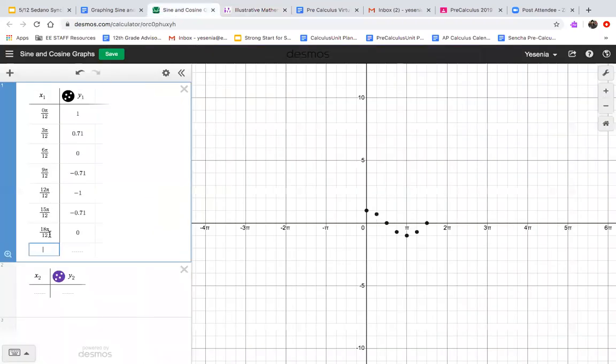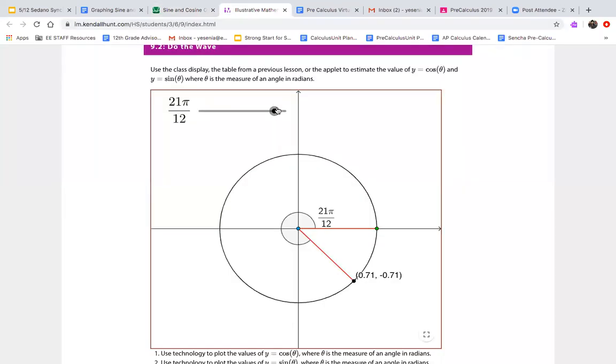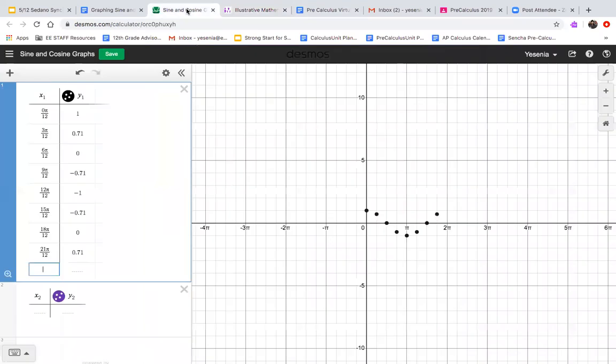So 21 pi over 12, 0.71 again. And if you're already seeing a trend here, you could already imagine what our next point will be. But once it hits back around the circle at 24 pi over 12, we get that the cosine value is 1. So let's go back. 24 pi over 12, cosine value is 1.